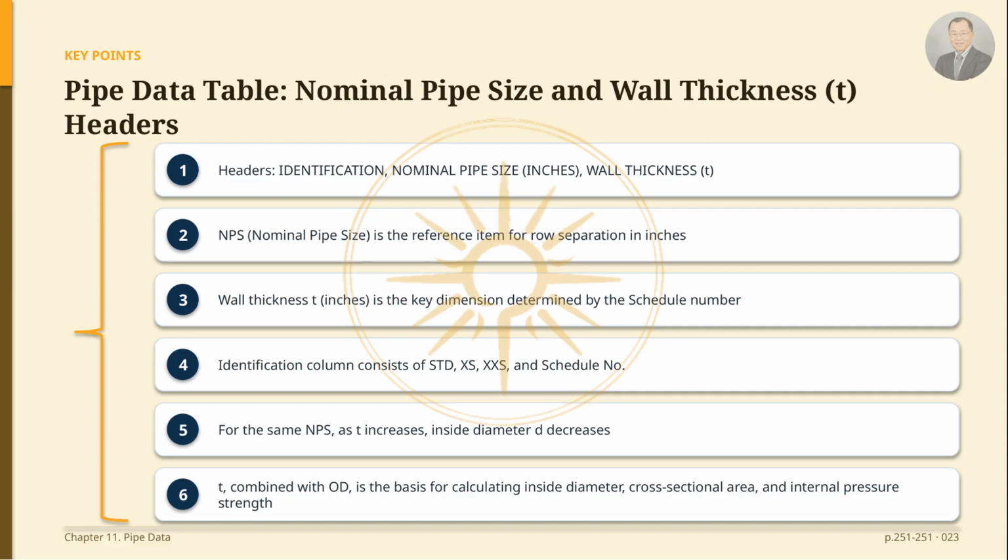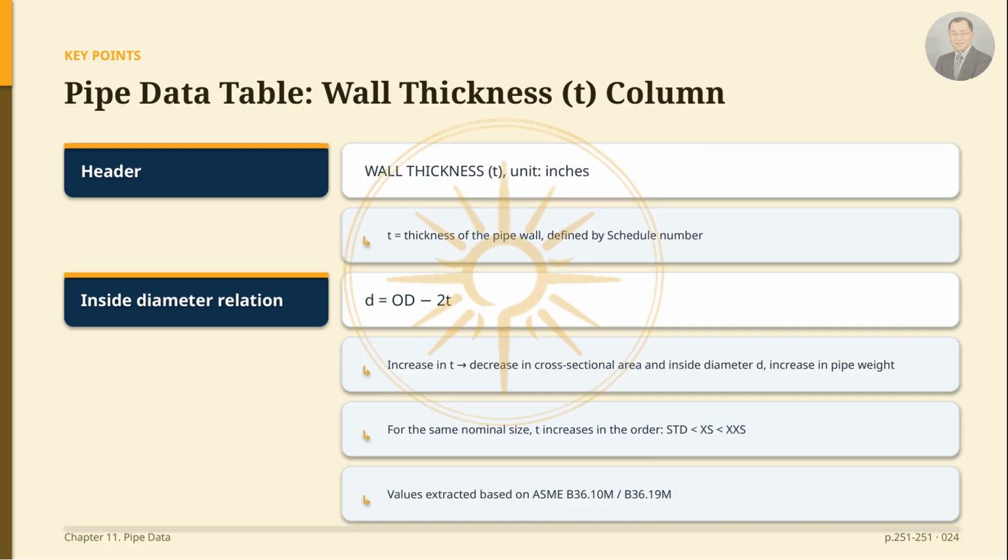Even for the same nominal diameter, if the wall thickness T increases, the inside diameter d decreases. This wall thickness T, along with the outside diameter, is the basis for calculating the inside diameter, cross-sectional area, and internal pressure strength. This item introduces the wall thickness column, or wall thickness T, of the piping data table.